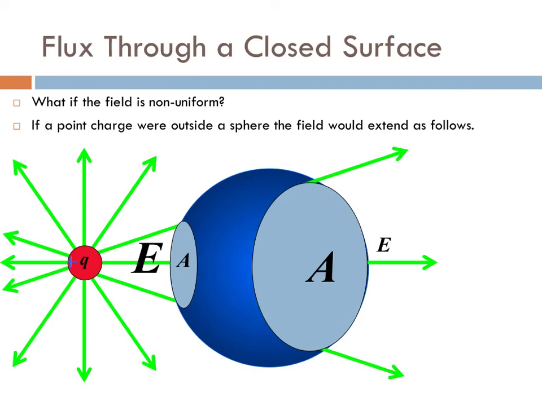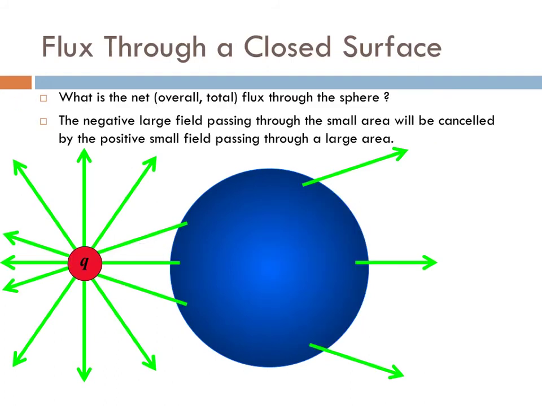On the right-hand side, the electric field lines are further apart, indicating that the field is not as strong on the right-hand side, but the area is much greater. So even for this example, the net overall or total flux through the sphere is still going to be 0.